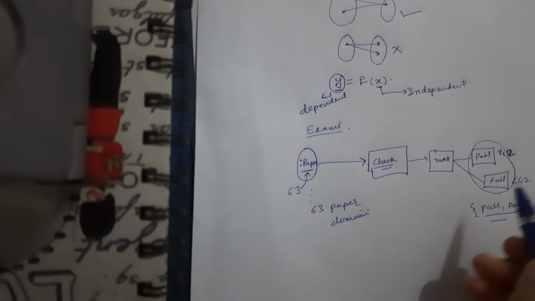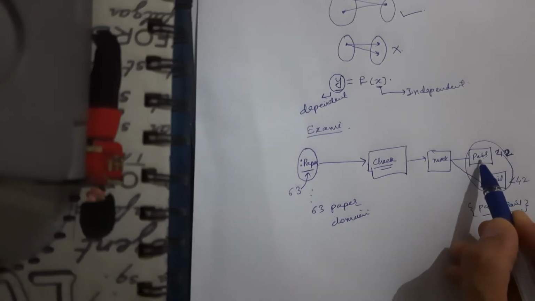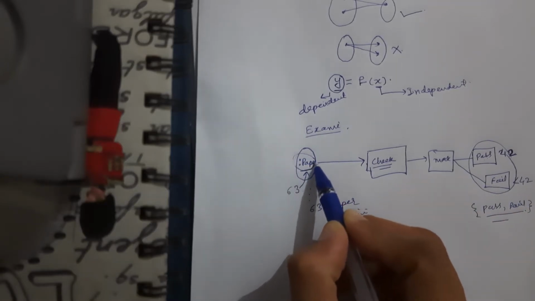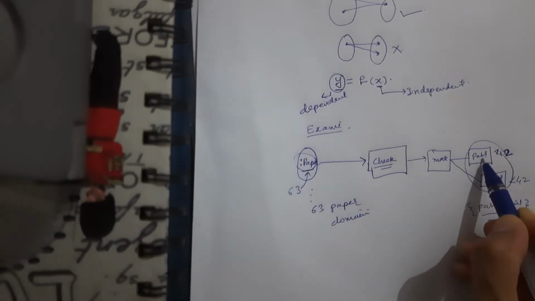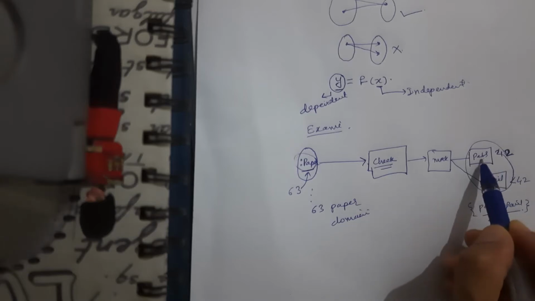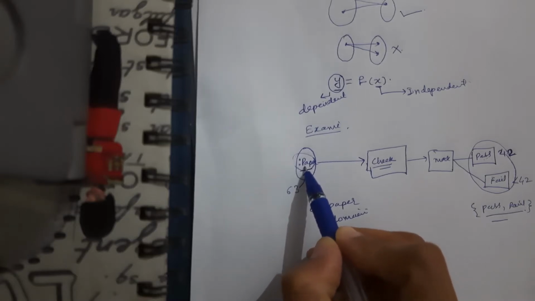Again, suppose you want to pass, then you cannot change this output directly. You need to change your paper. You need to write your paper in such a way that you score 42 marks and you will get the pass result. So directly you cannot change this output. That's why it is called the dependent variable. These two values are the variable and this is called dependent because its value actually depends on your paper. And this is the independent value.